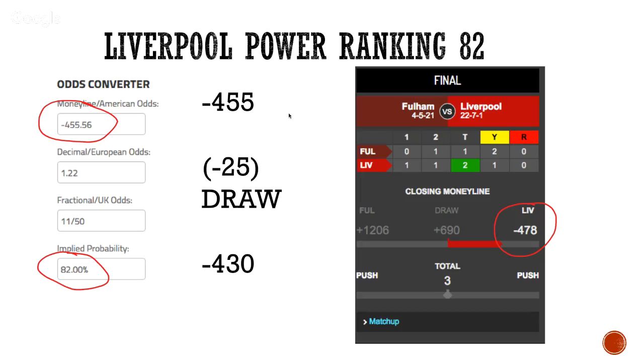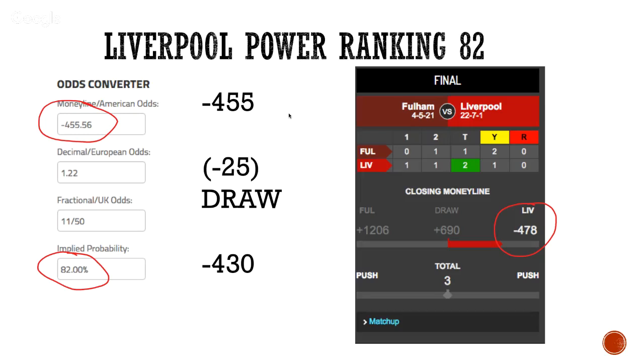Like if you came up with a bunch of money lines for a bunch of teams and you check the odds and they were all over the board, then it's probably not going to be a consistent model. So this is not going to be a game that we play, and I'll explain that in a second, but it does show how accurate it is at creating an actual line. So how would we evaluate this?